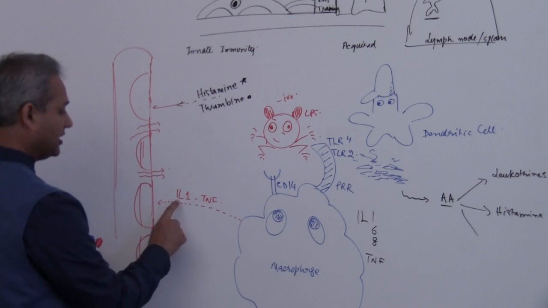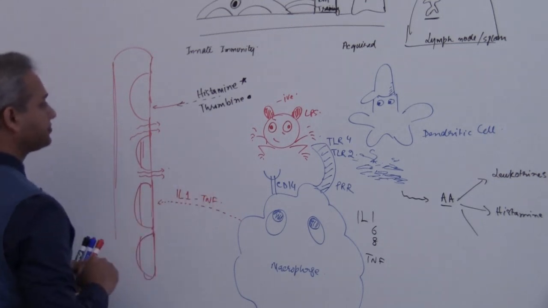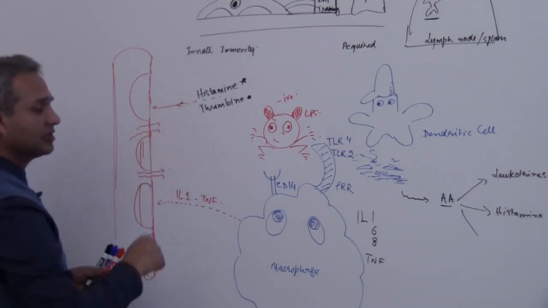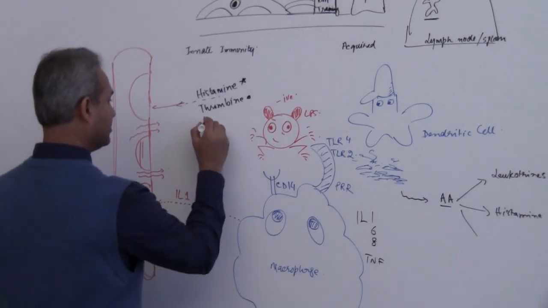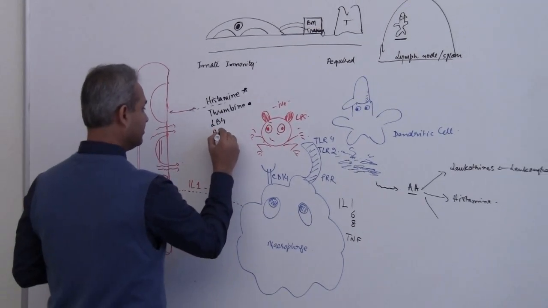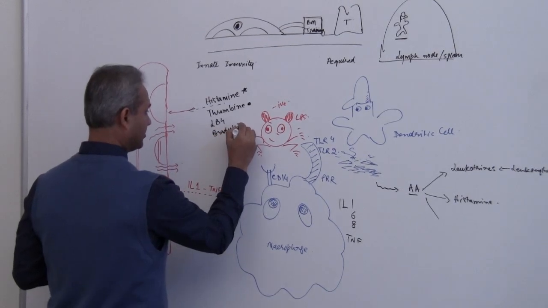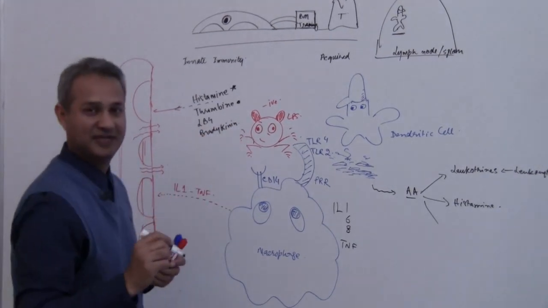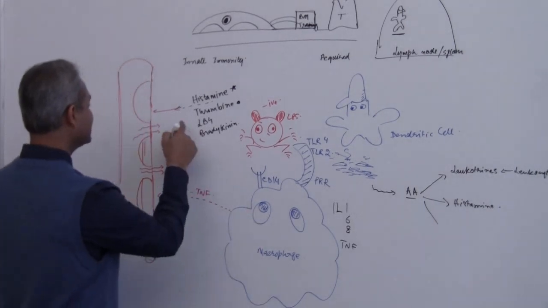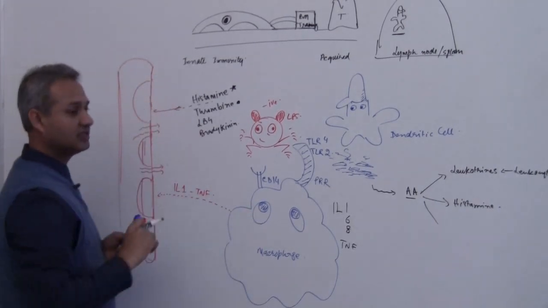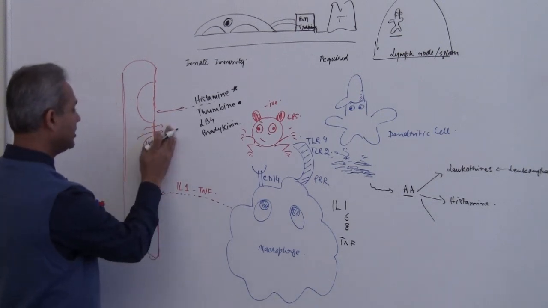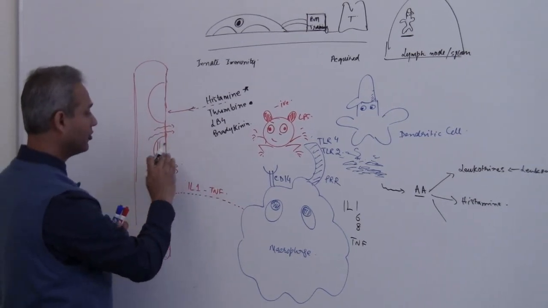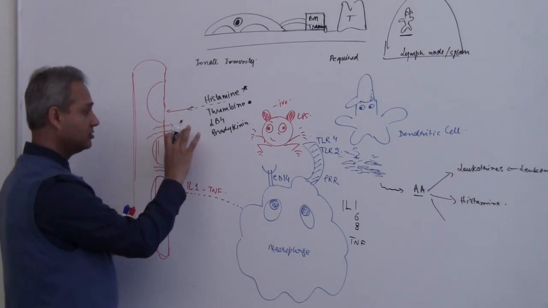So first of all, let's understand what does this do. Know this, that histamine and thrombin, leukotriene B4 and bradykinin, these cause the endothelial cells to shrink, contract, and then allow the various substances to move from the blood vessel to the tissue.